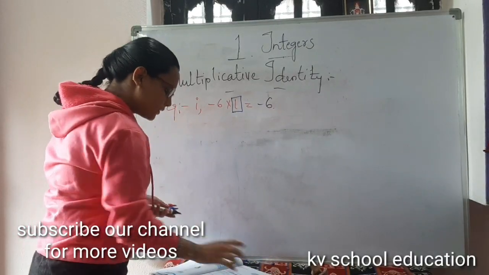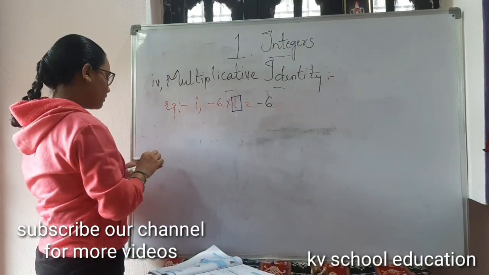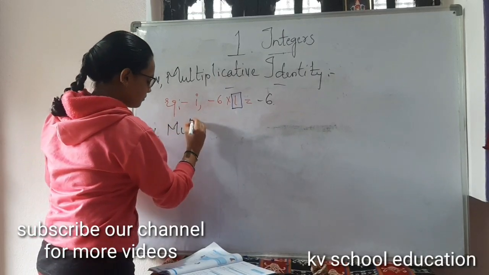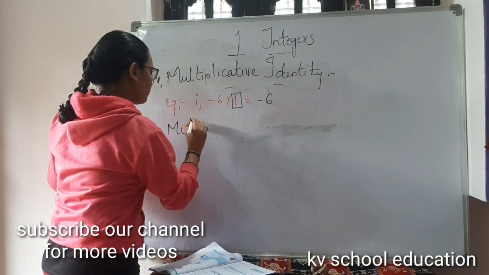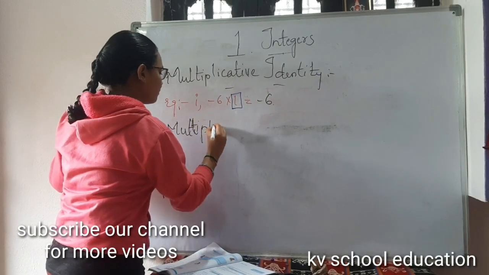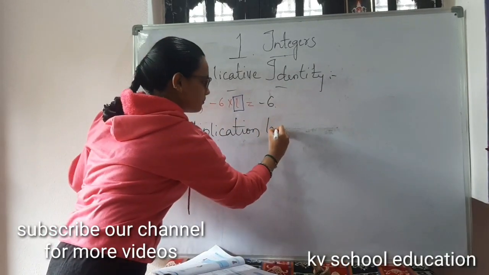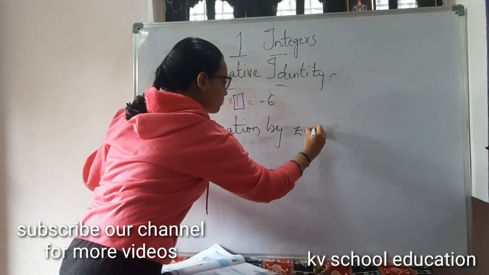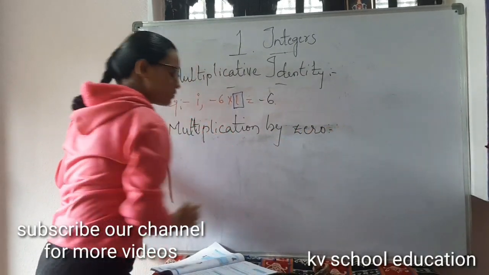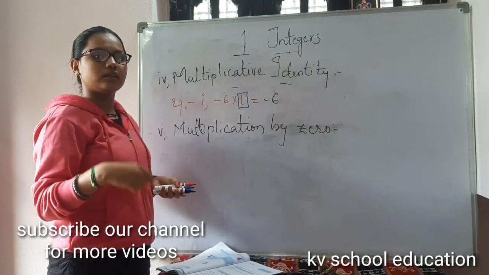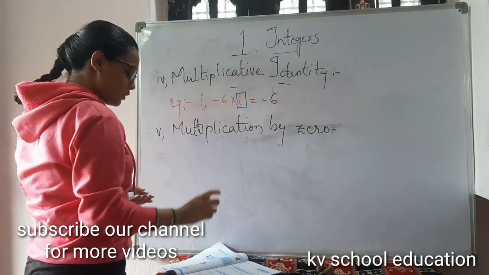Now we will take the multiplication by 0. If you multiply a number with 0, the answer will be 0.